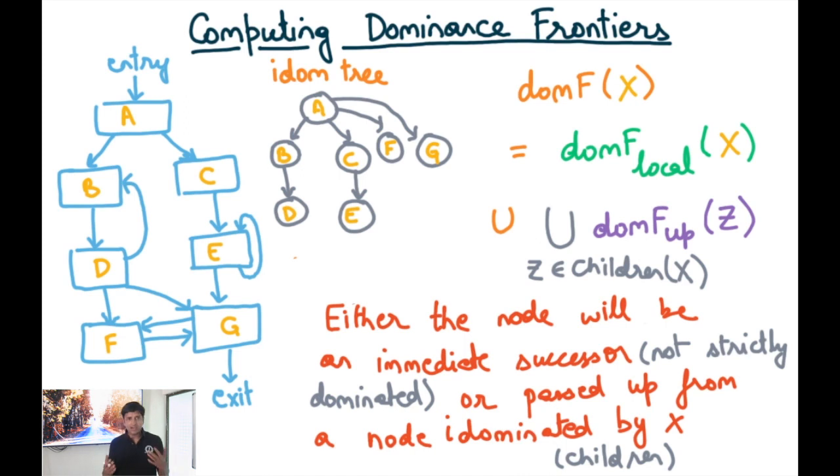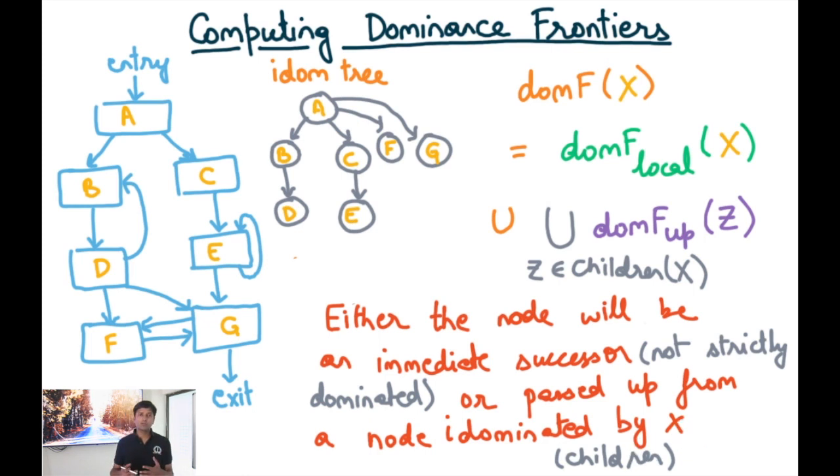So the idea behind this theorem, that DOMF X is equal to DOMF local X union DOMF up Z for all children Z of X in the dominator tree, is that either the node in the dominance frontier will be an immediate successor, not strictly dominated, or is passed up from a node immediately dominated by X's children.